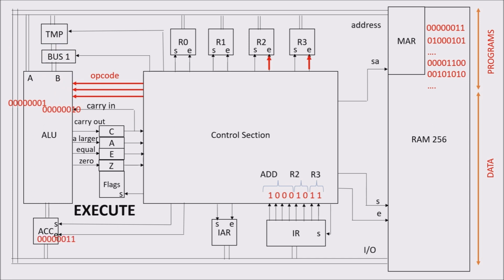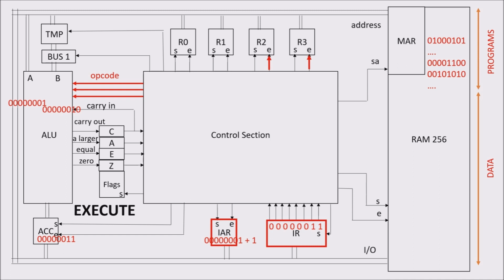First, we remember that the program to be executed is loaded in the RAM memory. And the first thing to do is to fetch the instruction from the memory into the instruction register. The address of the next instruction is loaded in the instruction address register, and it has to be incremented by 1 in every instruction cycle, in order to always point to the next instruction.